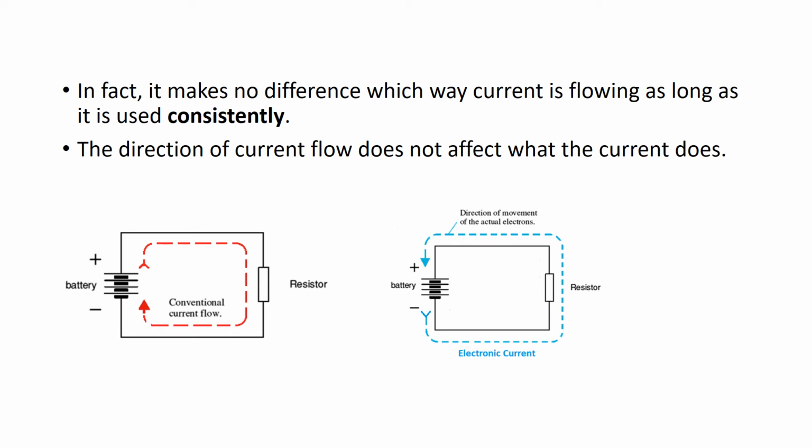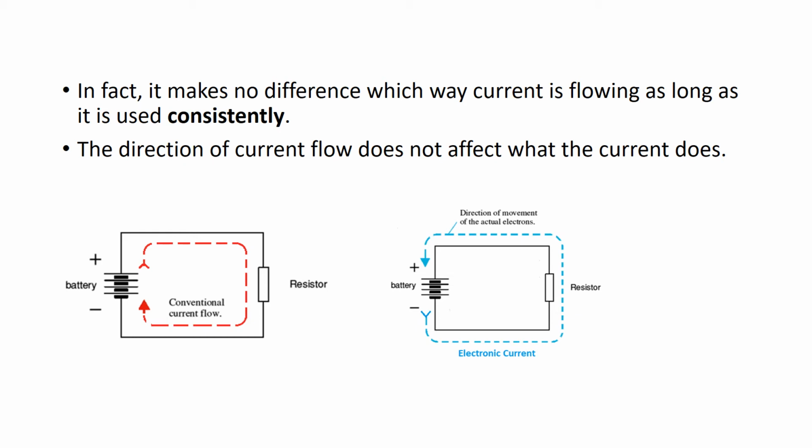So from the circuit point of view, it really does not make any difference whether we assume conventional current or take the actual electronic current flow. It does not affect your outcome, it does not affect the results. Let me show you what will happen.